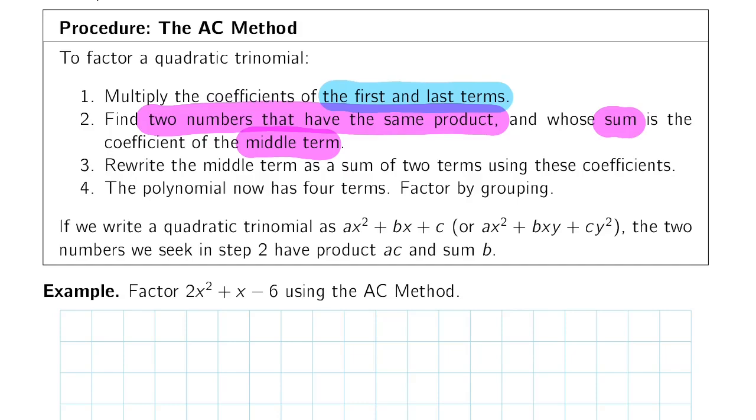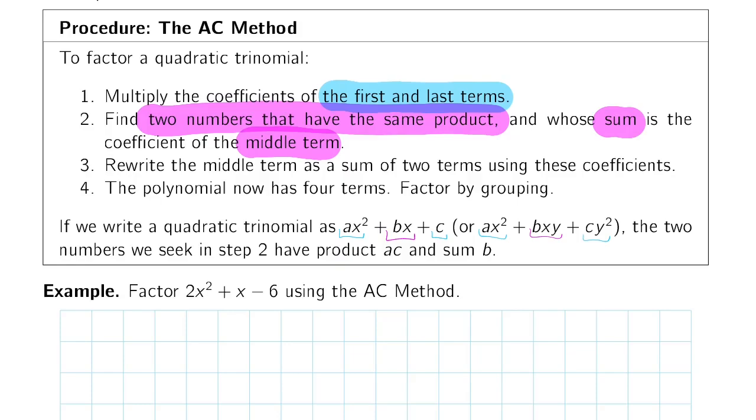Now, the reason we call this the AC method is that if we write our trinomial as ax squared plus bx plus c, or we might say ax squared plus bxy plus cy squared, this method works for either quadratic trinomials in one variable or homogeneous quadratic trinomials.